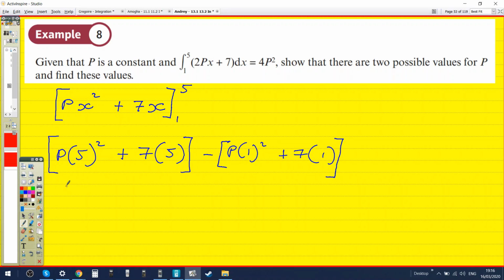25p plus 35 minus p minus 7, and then that would give 24p plus 28. And then would I do 24p plus 28 equals 4p squared?